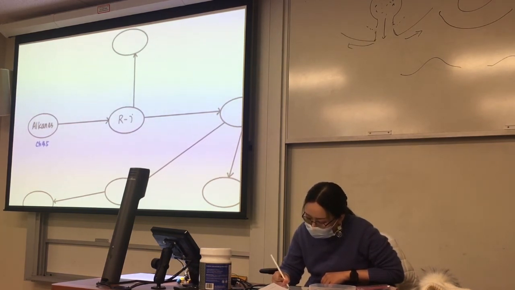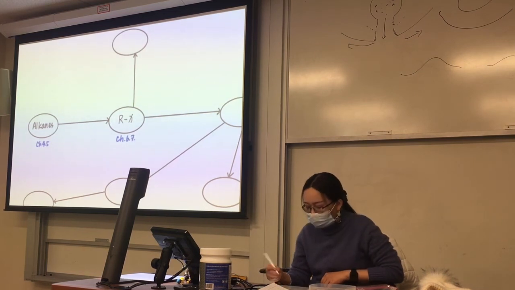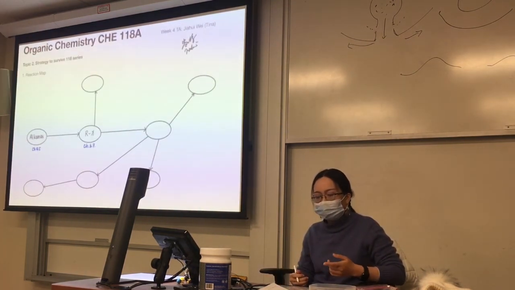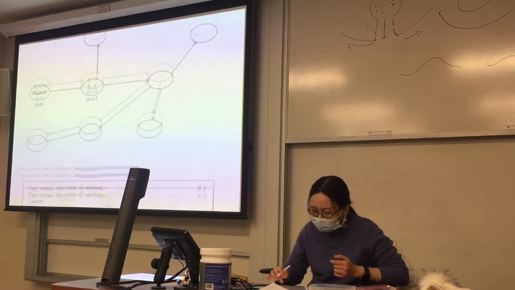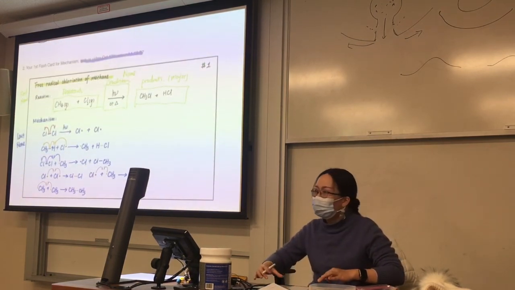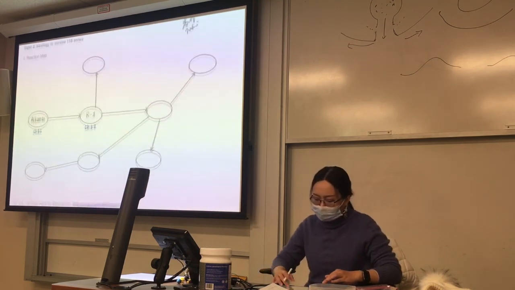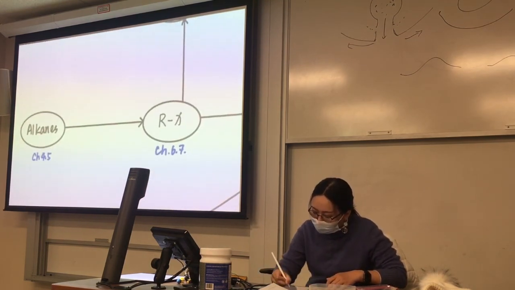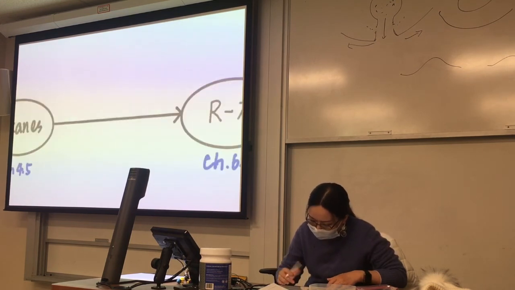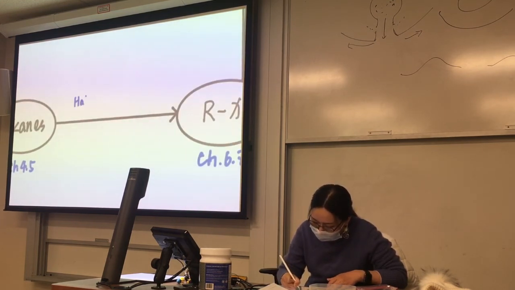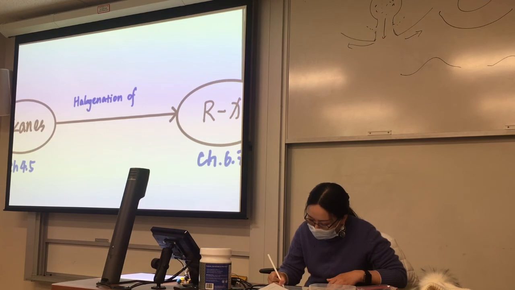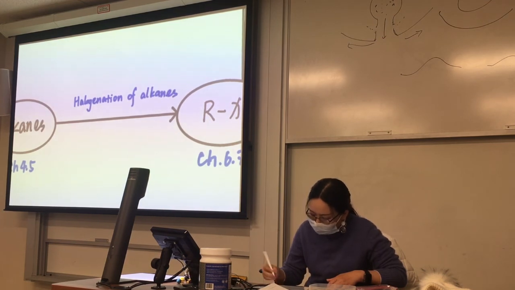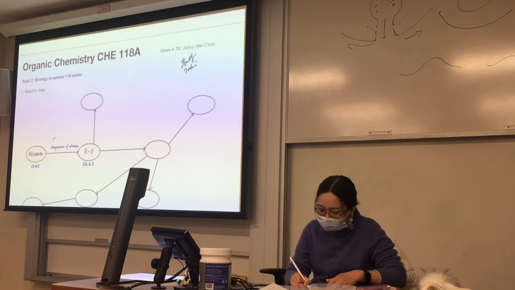Now you are starting to build your city. Chapters 6 and 7 are going to be the reactions of alkyl halides. You just built the first round on your mechanism map, which is the halogenation. I'll change into a thin pen. So your first flashcard is halogenation of alkyne.